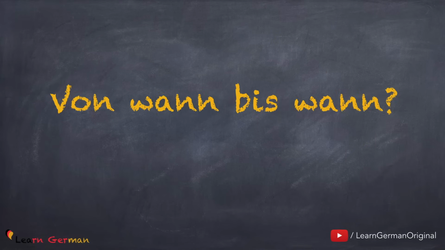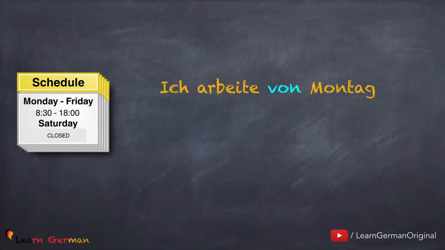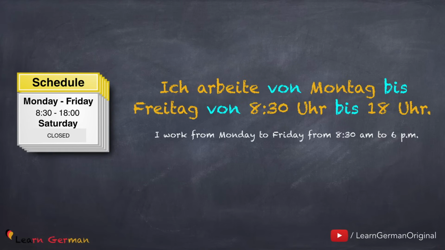Moving to the next one. Von wann bis wann? And here is an example. Von wann bis wann arbeitest du? And the answer could be: Ich arbeite von Montag bis Freitag, von 8:30 Uhr bis 18 Uhr.